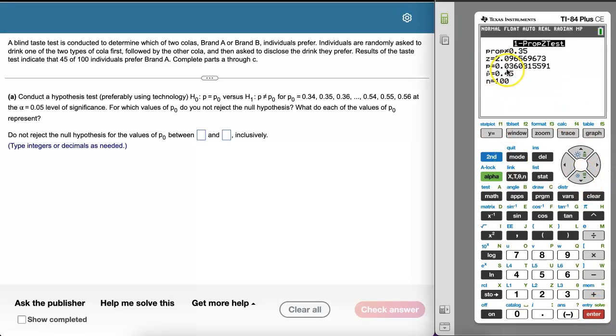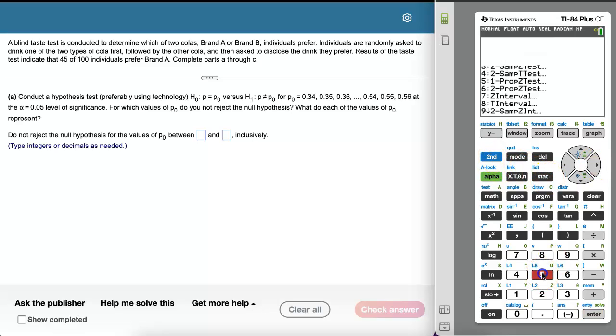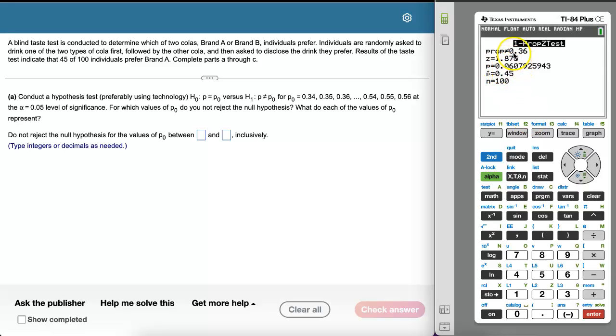I'm waiting until my p-value becomes greater than 0.05. Okay, so still not yet. Okay, here at this point, it finally becomes greater than 0.05. We've got a p-value that tells us it's no longer significant.